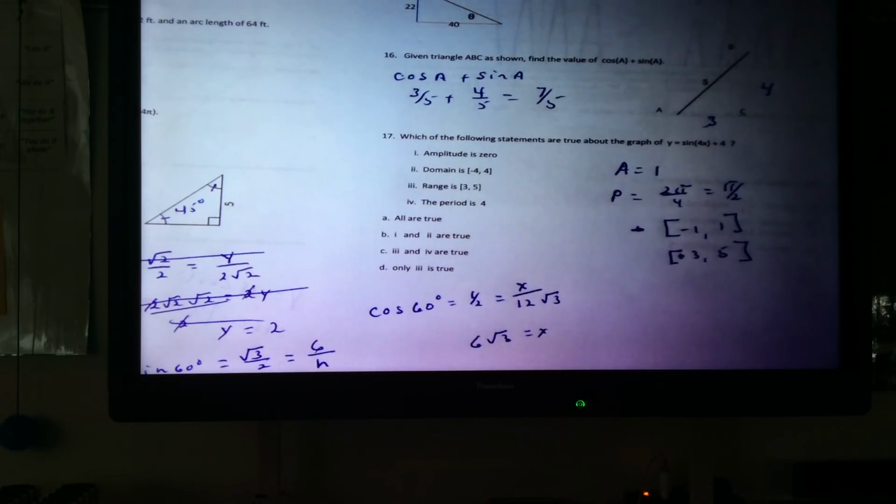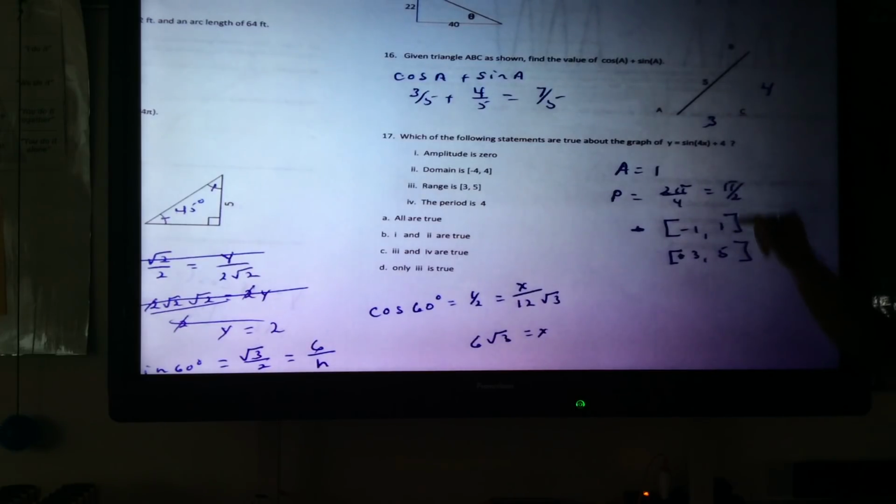You're going to have to be a little bit more specific than that. If you graph it without the 4 in there, it'll be -1 to 1. When you put the 4 in, you're going to shift it up 4 units. So when you move -1 up 4 units, you're going to get a +3.